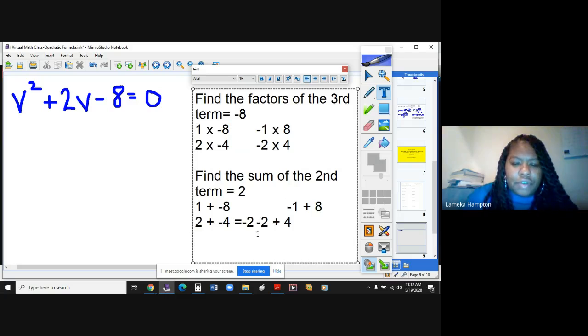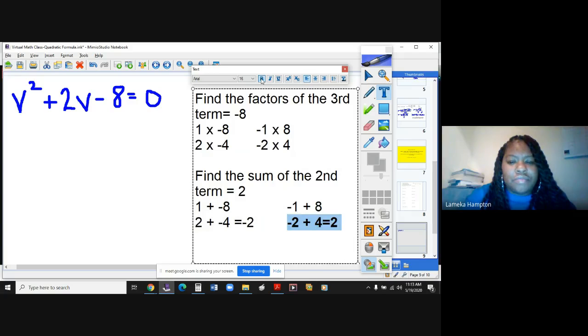There we go. Okay, so now I am going to go here and I want a +2 because -2 plus 4 gives me a +2. Okay, so this is what I want. Those are the numbers that I'm going to be using. Okay, so I'm going to bold that.